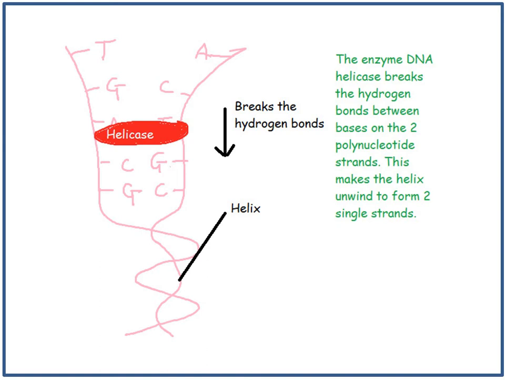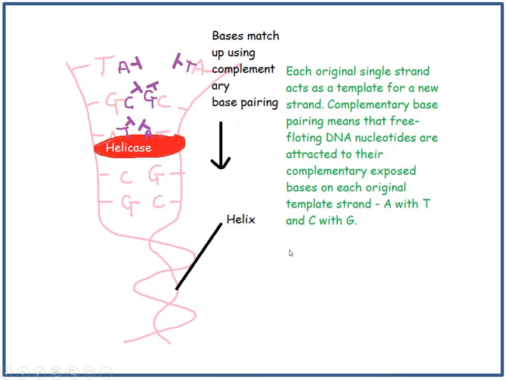So, the first thing that happens is the enzyme DNA helicase breaks the hydrogen bonds between the bases on the two polynucleotide strands, and this makes the helix unwind to form two single strands. Then, each original single strand acts as a template for the new strand.